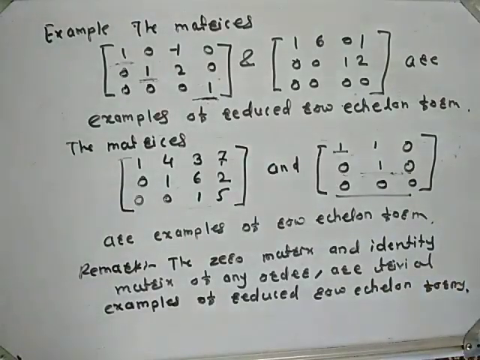Okay. Students, keep in mind that the zero matrix and identity matrix of any order are trivial examples of reduced row echelon form.